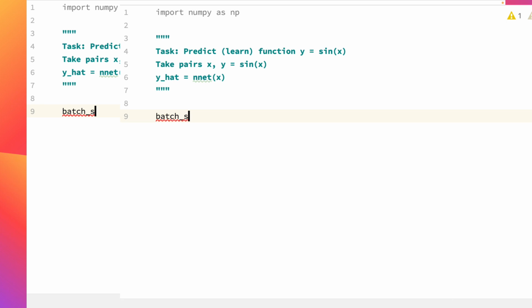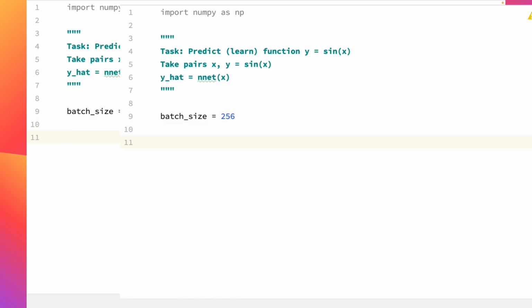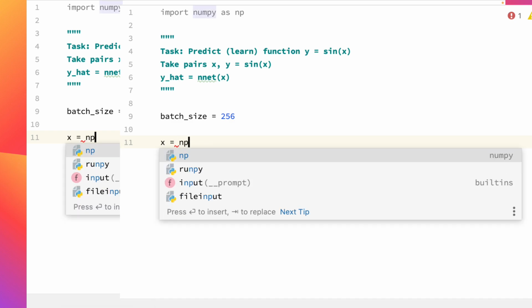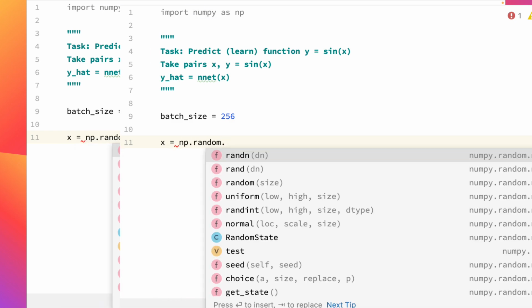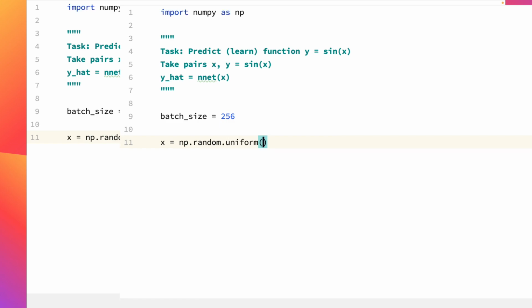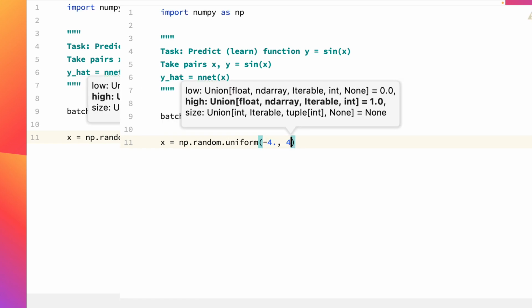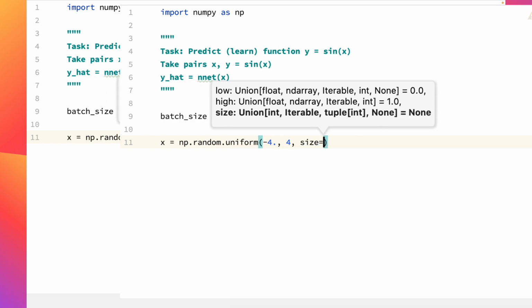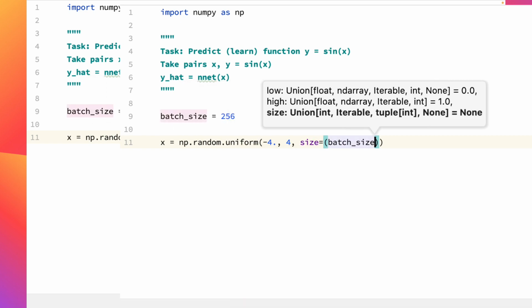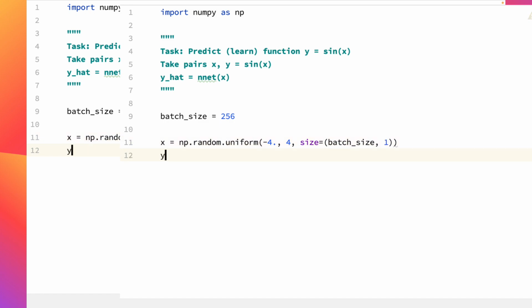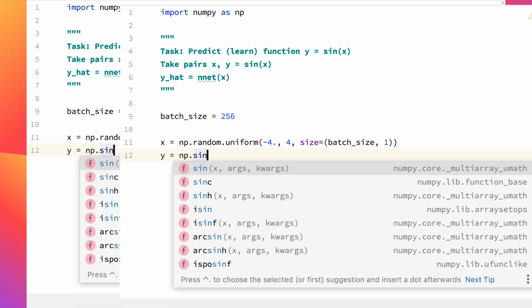So yeah, excuse me. Let's take batch size of 256 because why not? And then x equals numpy random uniform from -4 to 4, and size is batch size and 1, and then y will be just sinus of this.